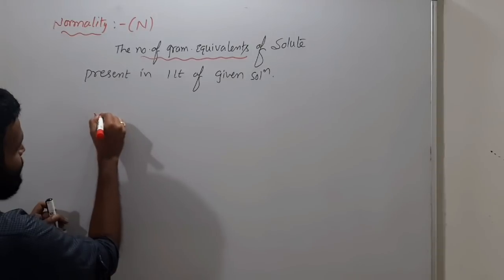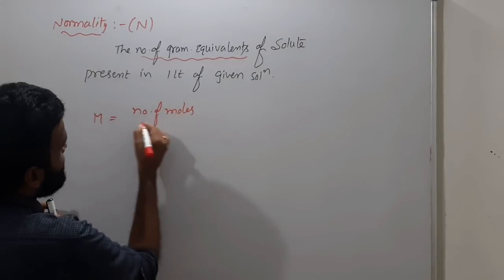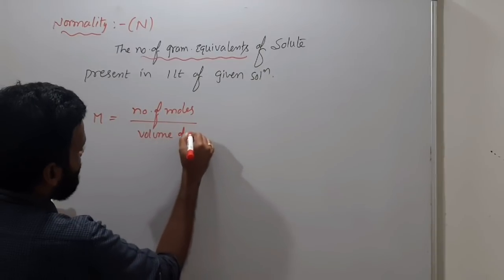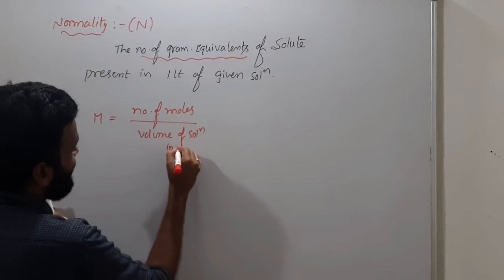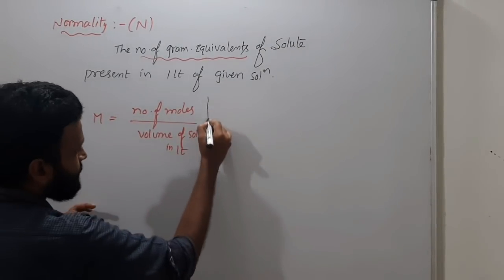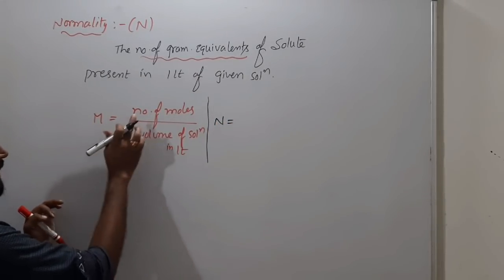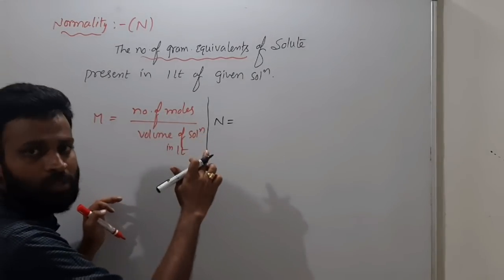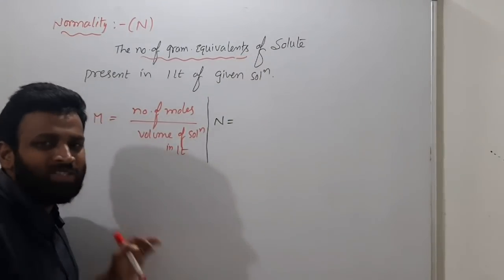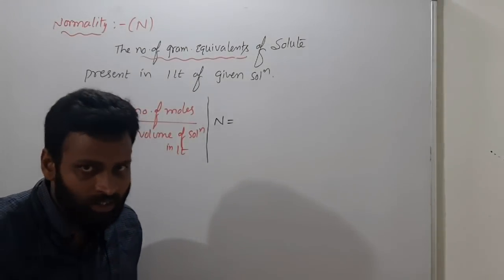So the molarity formula is the number of moles divided by the volume of solution in liters. Molarity means the number of moles of solute; here, gram equivalents of the solute itself. Because what is concentration? How much solute is present, that is only called concentration, or not?